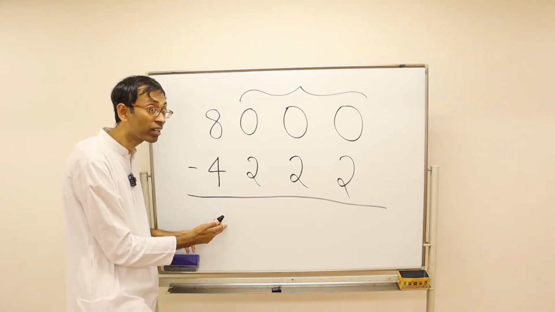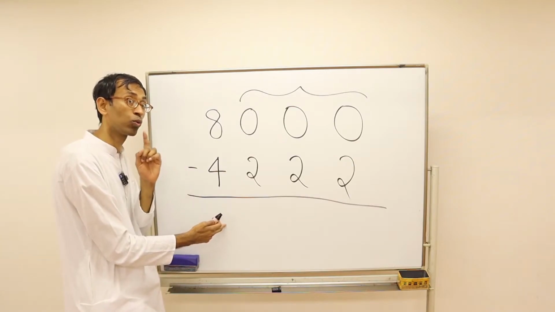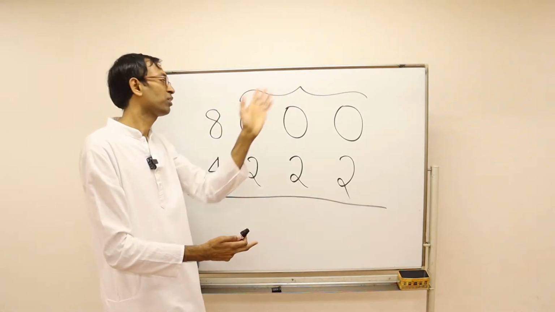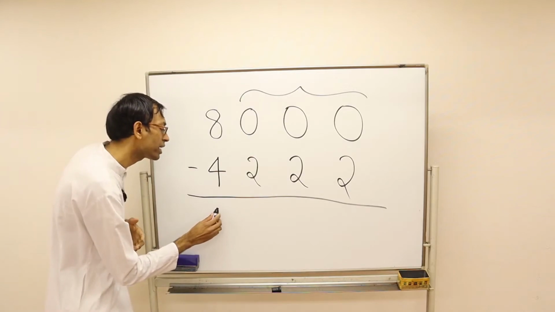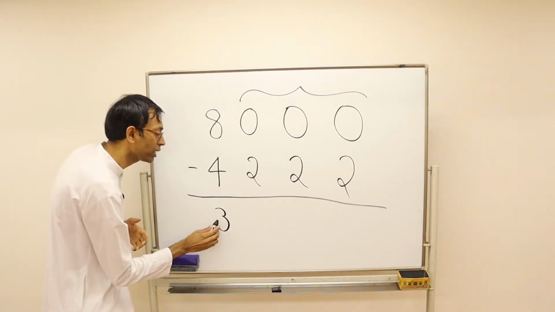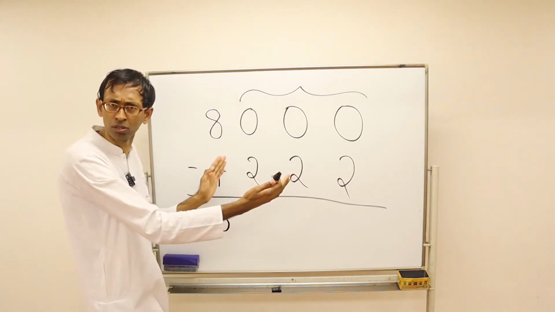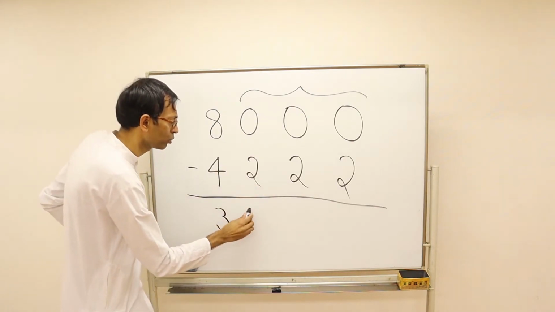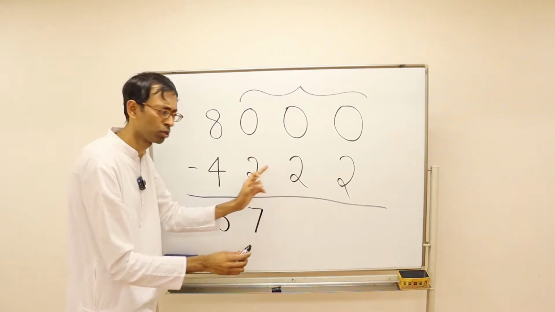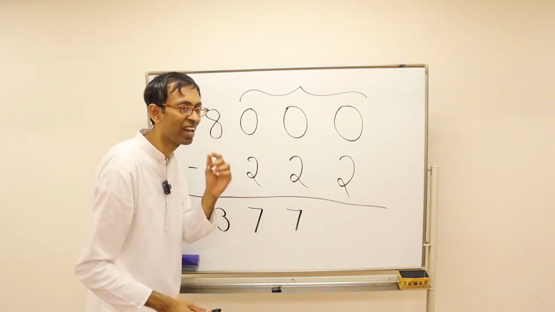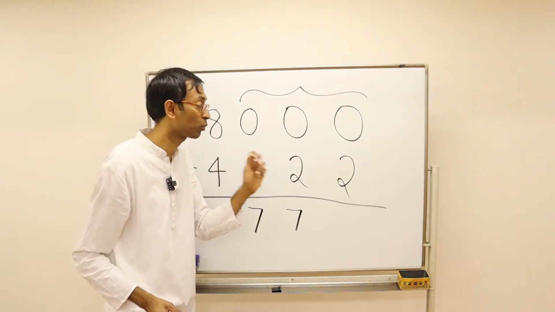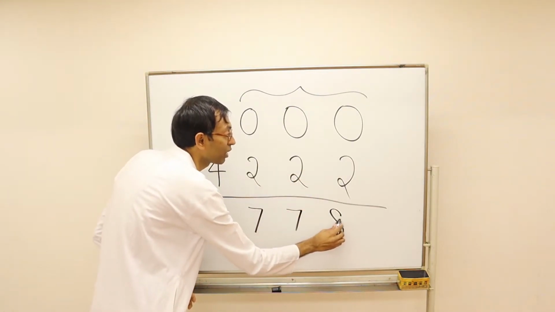Do we put a 4 here? No. From 4 we give 1 away to these guys. So here we put a 3 and we apply the golden rule here. So 9 minus 2, 7. 9 minus 2, 7. And we arrived at the end. So 10 minus 2 is an 8.